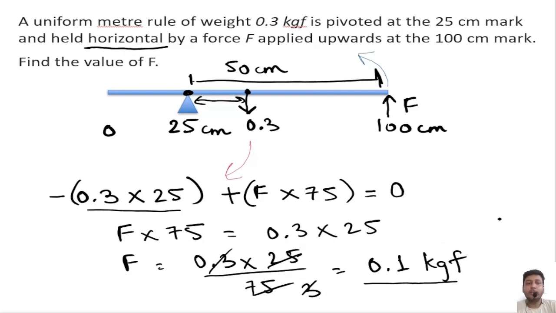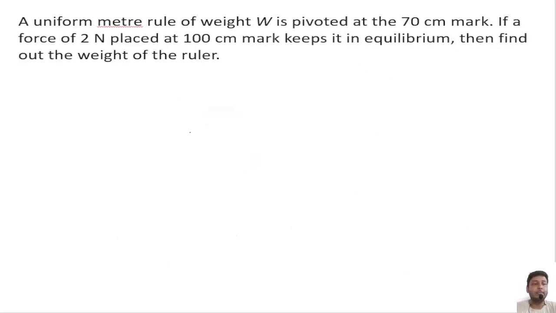Now let us try solving one more classic example. Before watching the solution, I want you to pause the video, think about the solution, and then come back again. Okay, so what does it say?